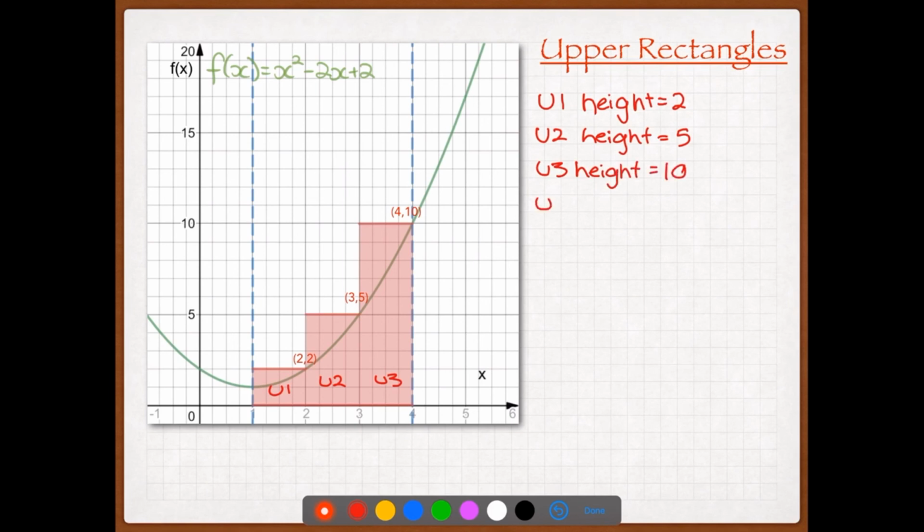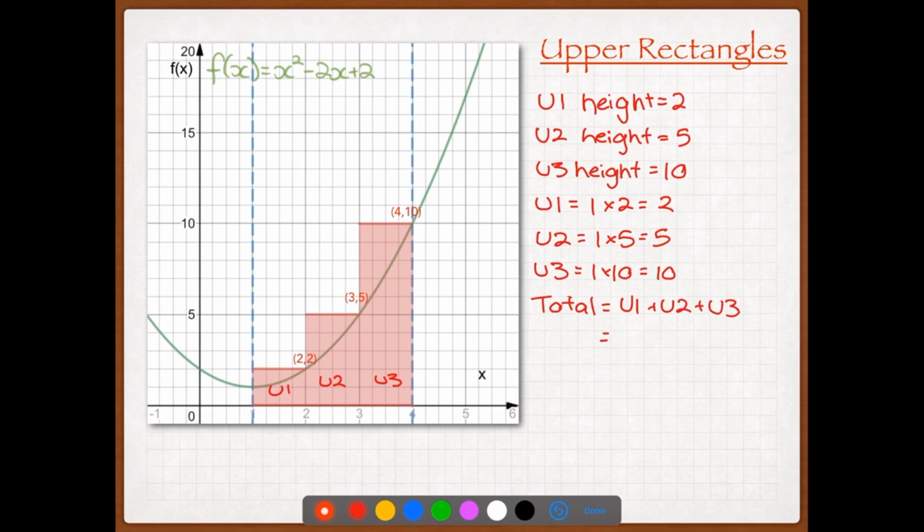Again, the area is just the width by the height: U1 equals 1 by 2, which is 2, U2 equals 1 by 5, which is 5, U3 equals 1 by 10, which is 10. The total area for the upper rectangles is simply U1 plus U2 plus U3, which is 2 plus 5 plus 10, very simple, 17. So the area shaded in red here is equal to 17.